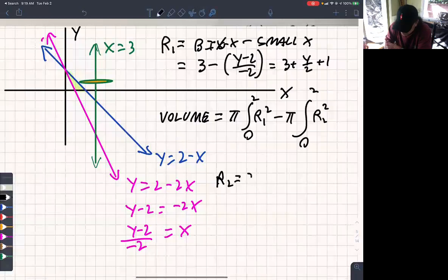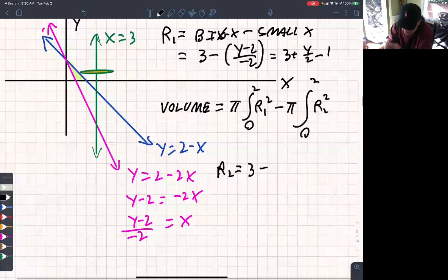Well, the green line we know is 3. And then the blue line, that's -1. I just realized up here, this is minus this, which should be -1, not +1. So it's going to be 2 plus y over 2.